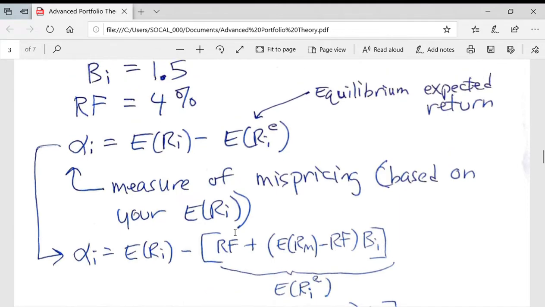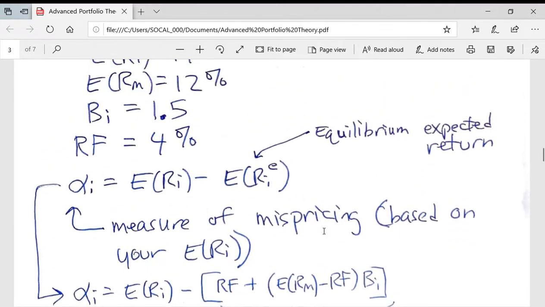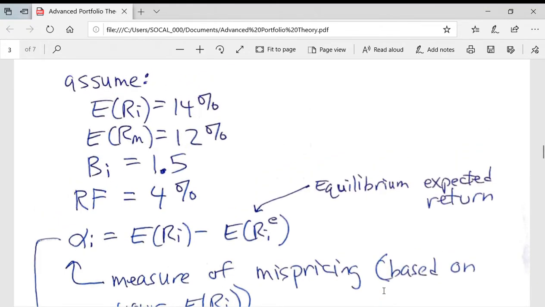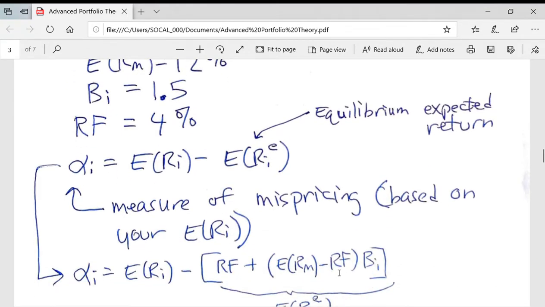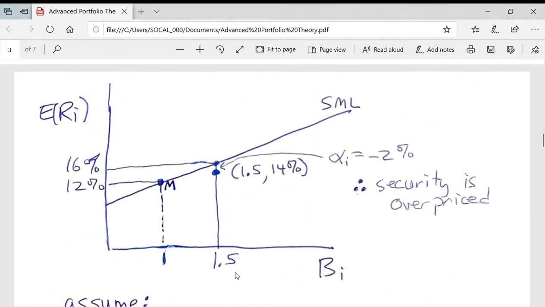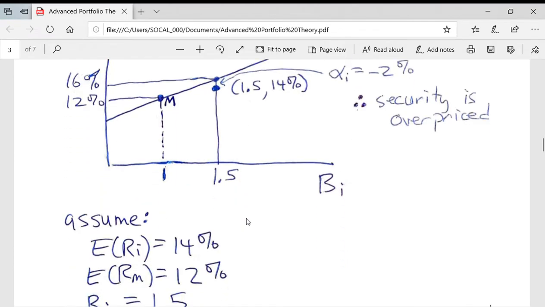If you plug in 4% here and the beta of 1.5 and then 12% minus 4%, you get 8% times 1.5 is 12%, plus the risk-free rate of 4% means 16%. So a beta of 1.5 would be associated with an equilibrium expected return of 16%.